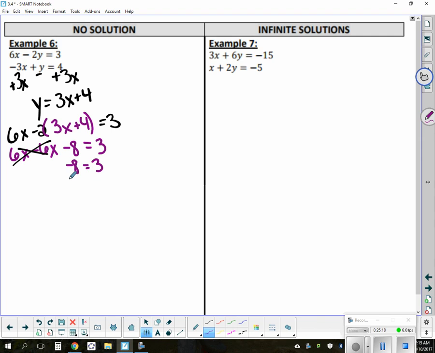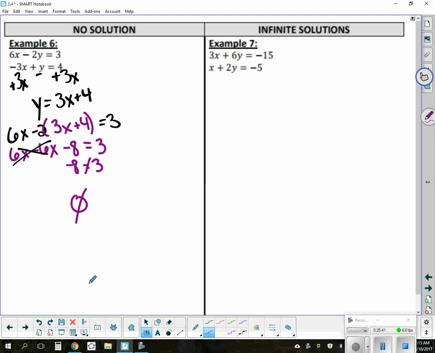Is that a true statement? No. Those do not actually equal. So when all of your variables cancel and you end up with an equation that does not work, that's when it's going to be no solution. It's very similar to when we were solving one equation and this happened.